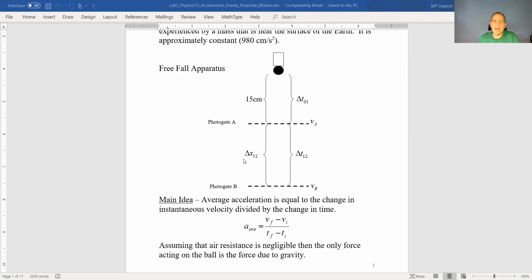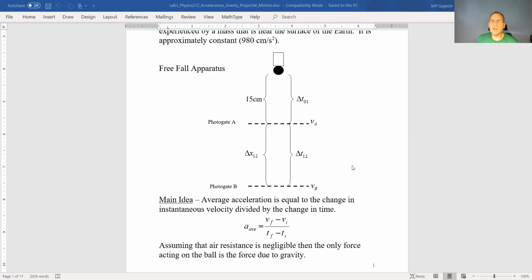Think of this as delta x 1,2, the displacement from the first to the second photo gate. It will be 10 centimeters below, then 20 centimeters, then 30, 40, 50. So this photo gate keeps moving lower and lower.